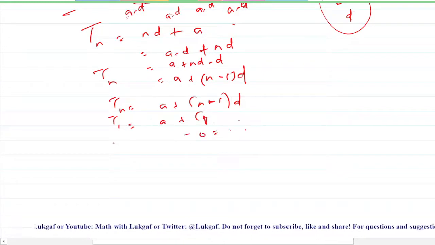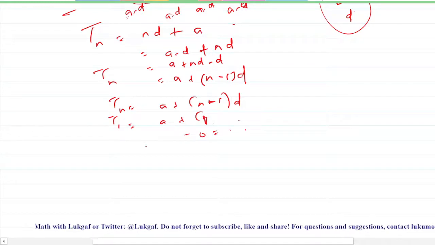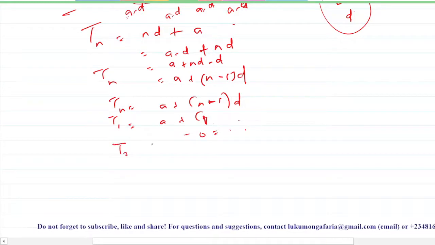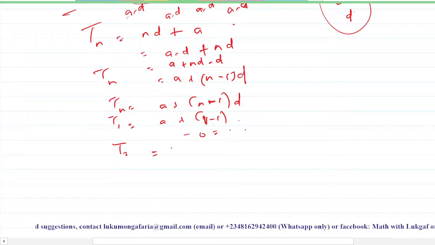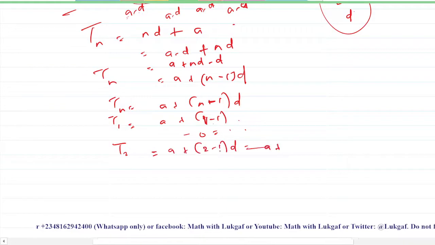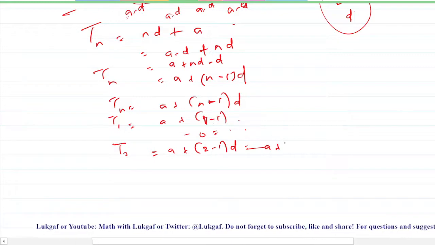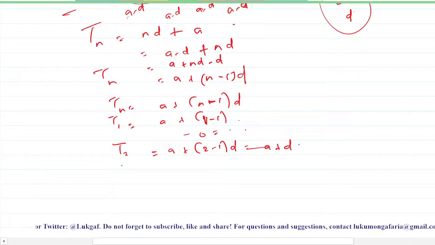Now you can find your T2 similarly. Where you see N here, you substitute the value of 2. So you have A plus 2 minus 1 into D. 2 minus 1 is 1. 1 times D is D. Sorry, my marker is misbehaving.